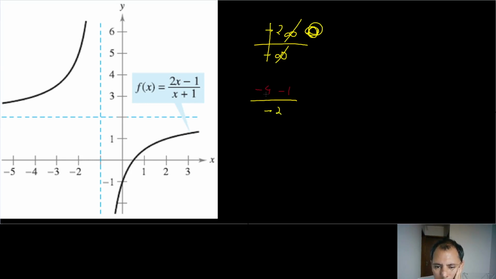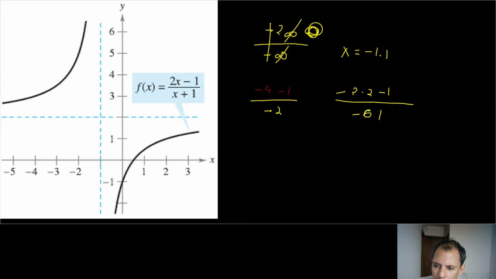As this gets very close, for example, let's say that x equals minus 1.1. So minus 2.2 minus 1, divided by minus 1.1 plus 1, which is minus 0.1.